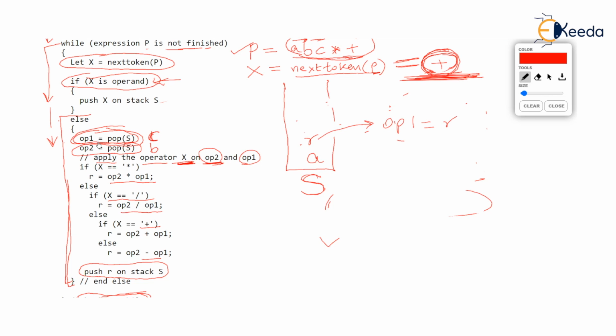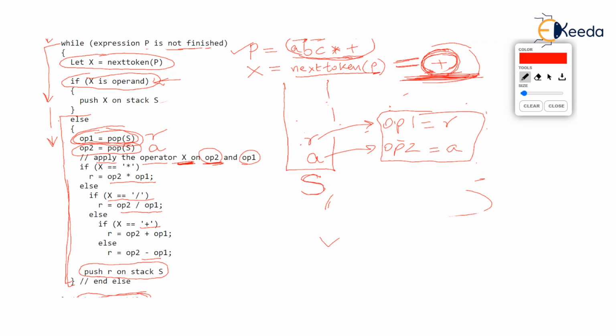Yes, everyone? OP1, first operand taken out will be R. And second pop is going to give us A. So OP2 is going to be A. Now what do you do with this OP1 and OP2? You apply the operator. The operator was plus.